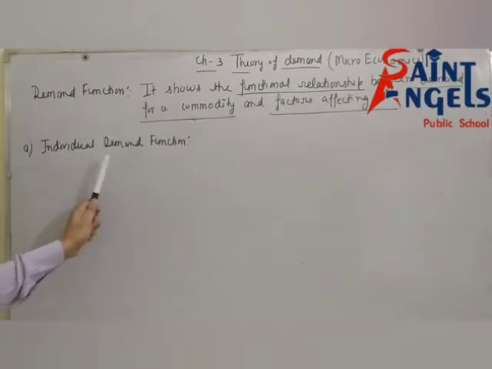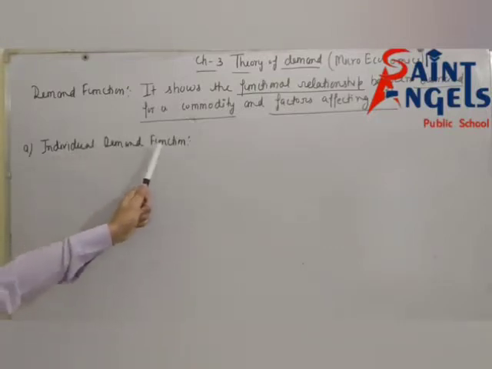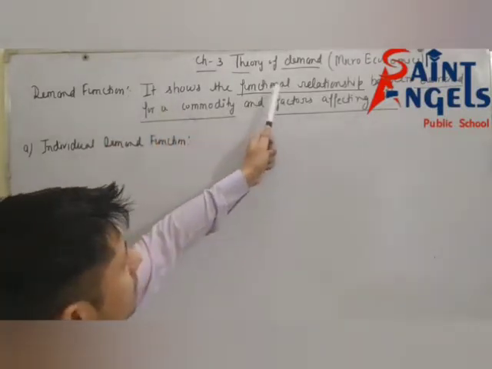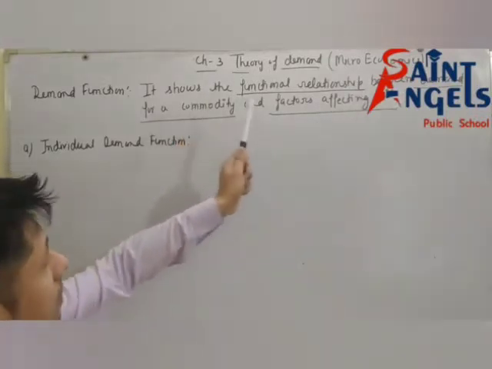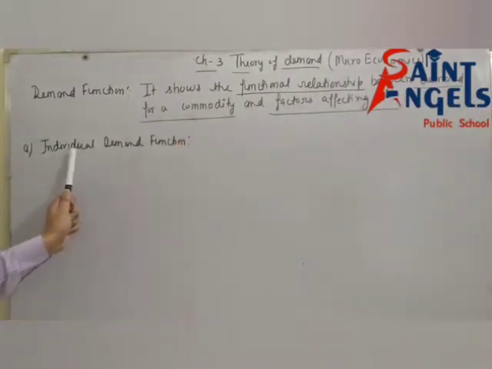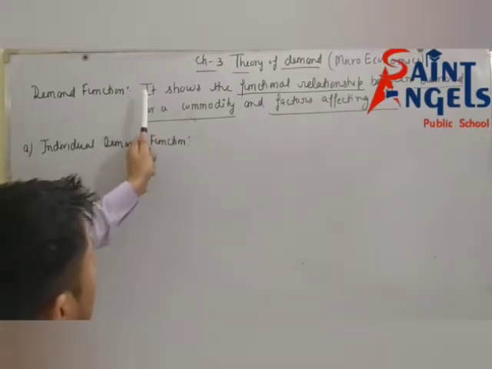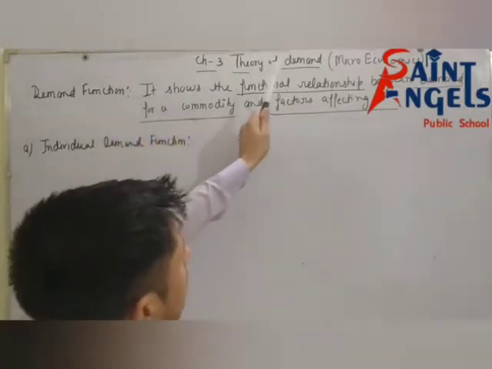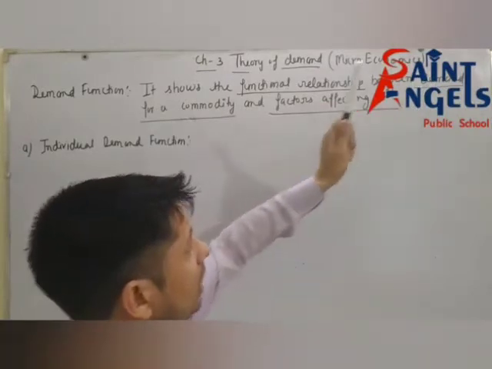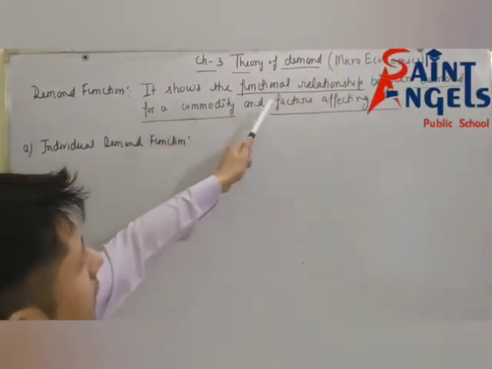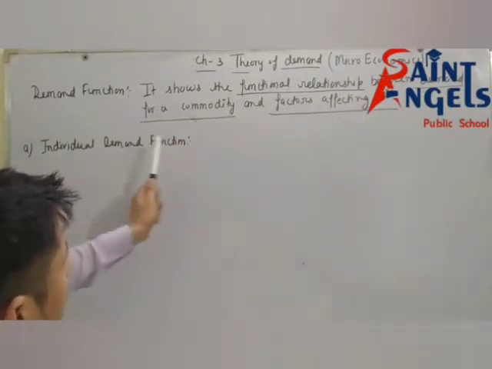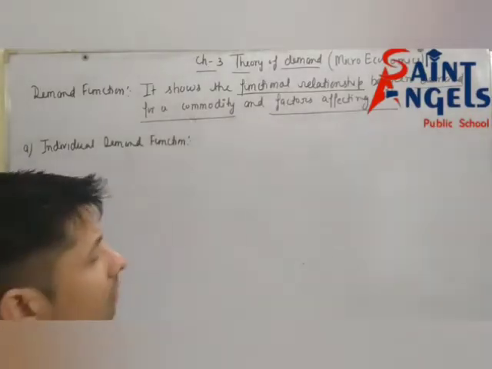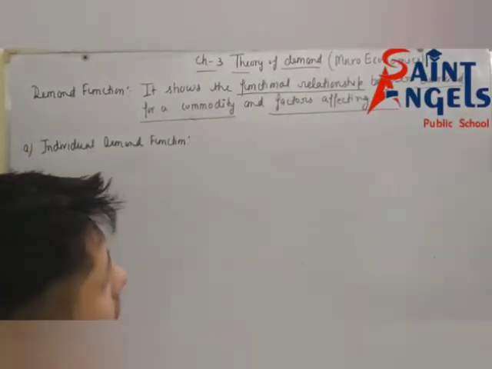Because we are talking about individual demand, you can say it shows the functional relationship between individual demand for a commodity and factors affecting it.